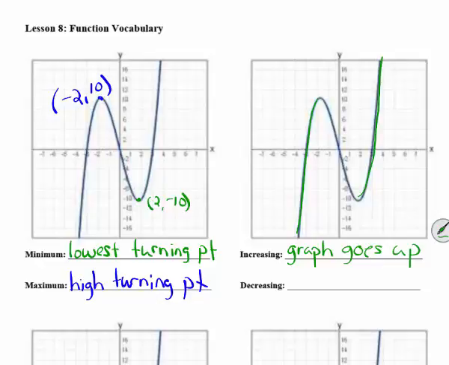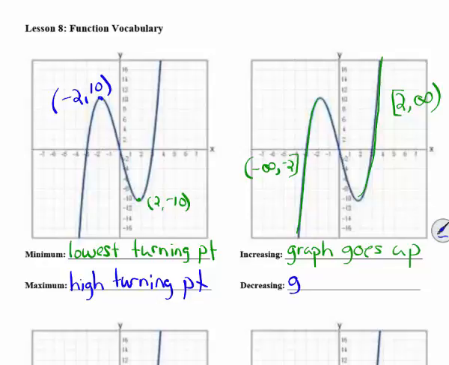So that's going to be from -infinity to, and this stops at -2, right? And those are going to be our soft and hard brackets, because just like with inequalities, infinities are always going to be soft brackets. And then from this side, it's going to be from 2, hard bracket, to infinity. Okay, so that's where it's increasing. If you're reading from left to right, it's going up.